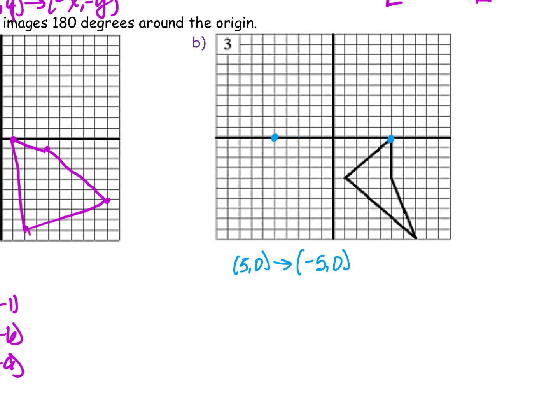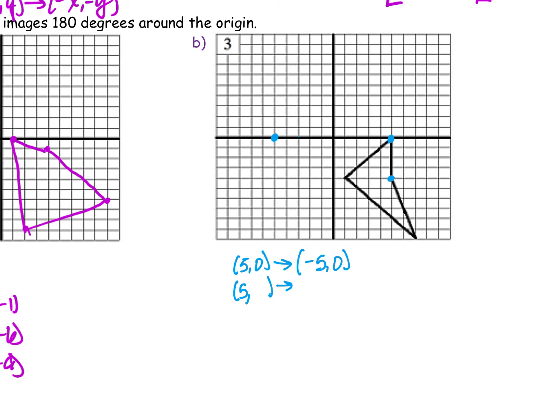Okay, what's my second point? Let's go to this one. What's the location of that point? It's not quite 5, 4. It's 5, negative 4.